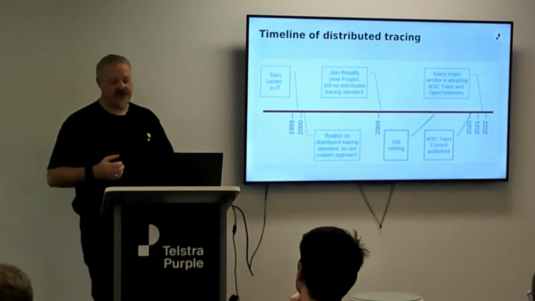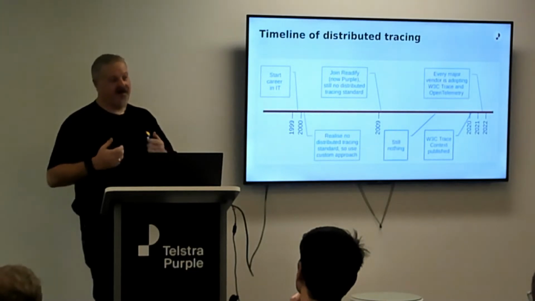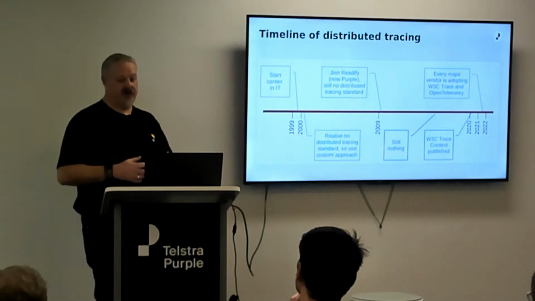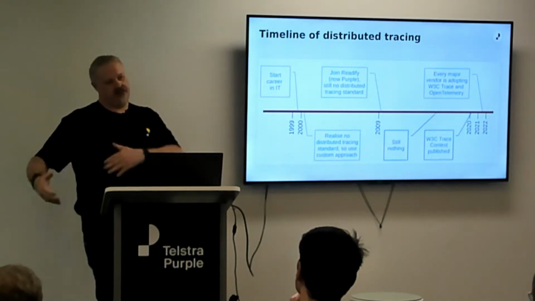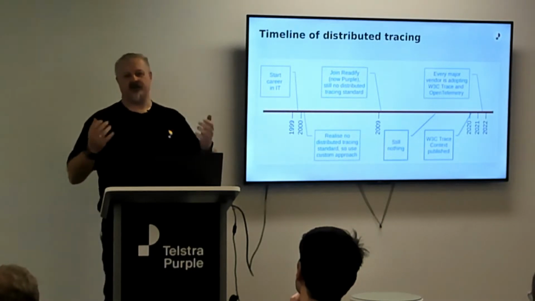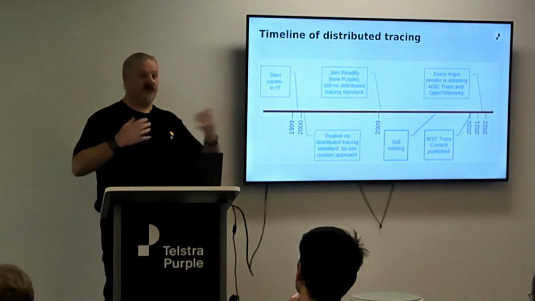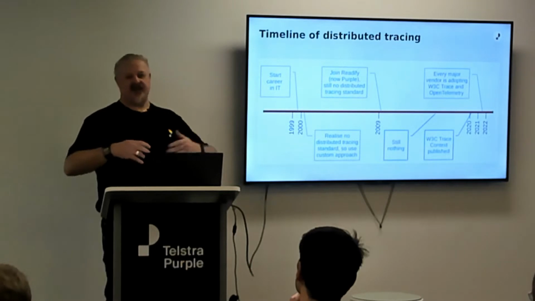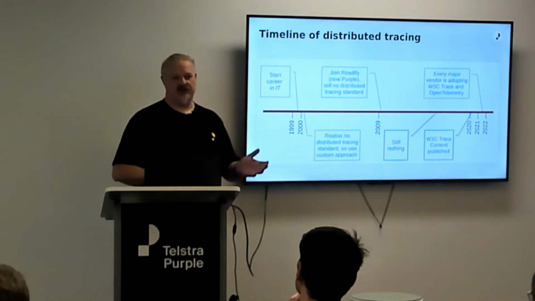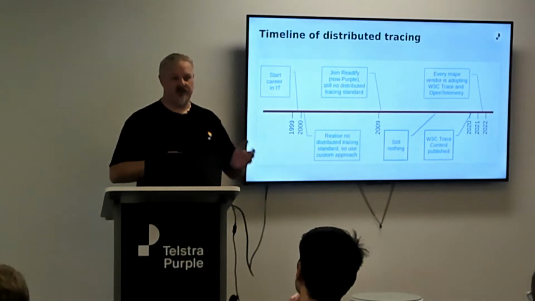In mid 2020, a standard was published, the W3C Trace Context. By now, every single major vendor is adopting W3C Trace Context and a project that came out of that called OpenTelemetry. Usually when you've got a bunch of competing standards and you release another one, you just have N+1 standards, and standards rarely get implemented quickly.